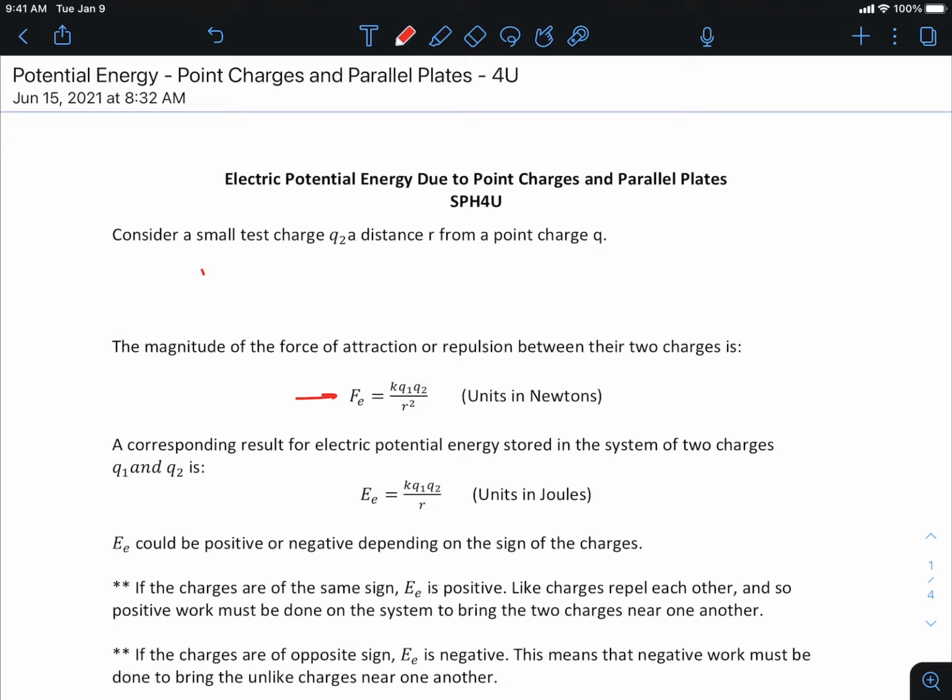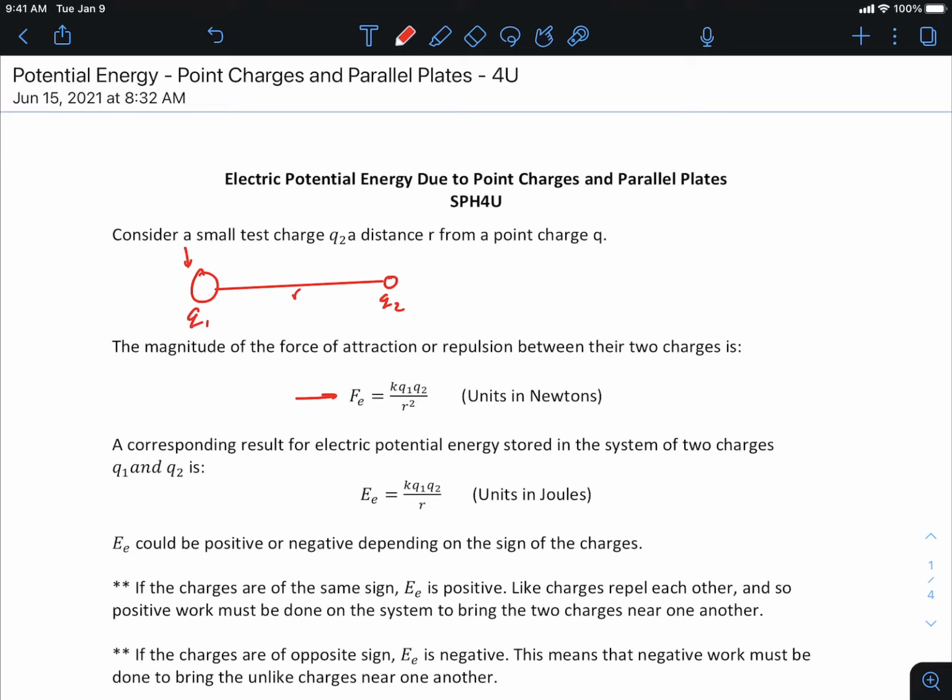And what we could see is if I had a Q1, let's say, and a smaller charge Q2 over here, there's a radius, or distance, between them. Q1, we could say, is fixed in space; we've dropped it in space.